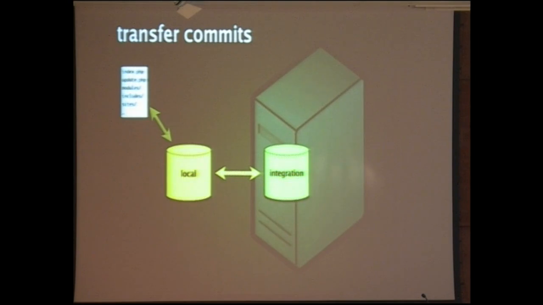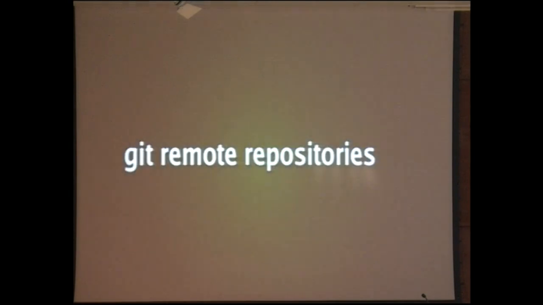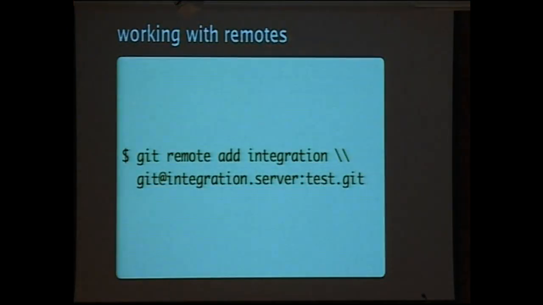To do that, Git knows something called remote repositories. They are just repositories like the ones you use on your normal machine, but you can integrate them with yours. And the command to tell your repository that it should connect to that one is the git remote add command.